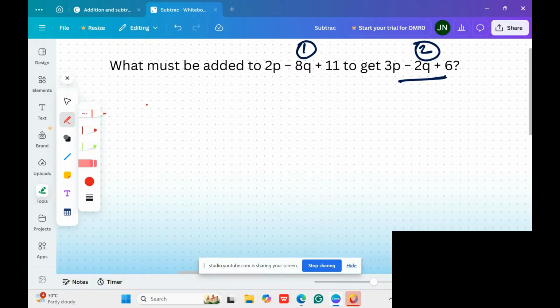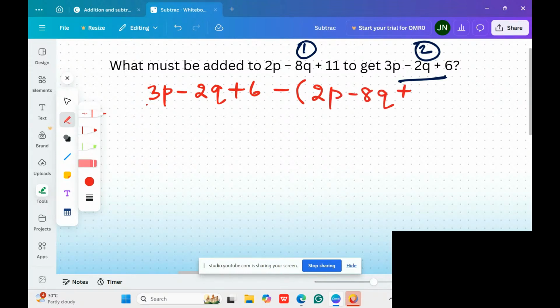Right. Okay. So we are doing 3p minus 2q plus 6. And then we will subtract the first expression from this. Now, remember that there is a minus sign before the bracket.